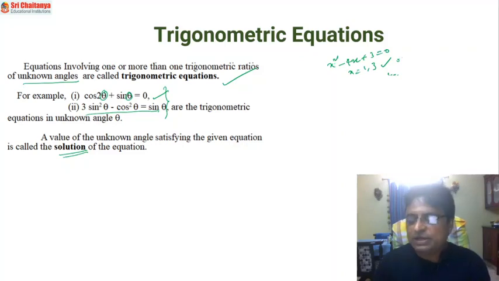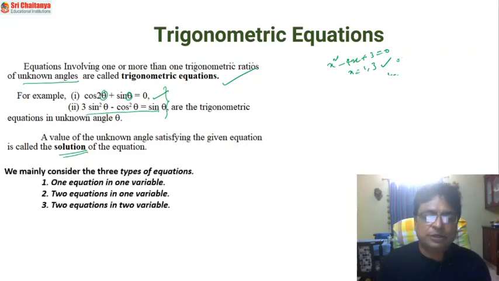Since it is a quadratic, two solutions exist. Depending upon the nature of the equation, several types of solutions may exist. Sometimes a solution may not exist also. Before that, we are now going to learn which varieties of trigonometric equations exist in general.